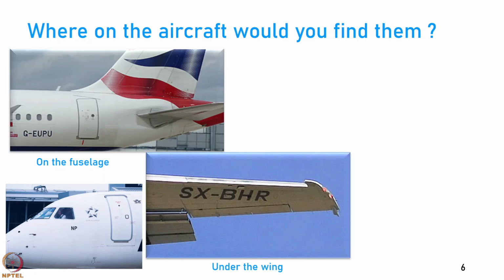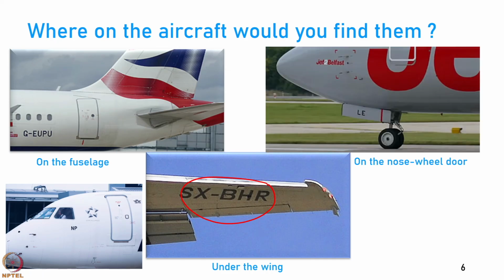You could also see them under the wing as seen here, or on the nose wheel door as we can see here. Similarly, you can sometimes see them on the door of the main landing gear. These are the typical places where the ARCs can be seen.